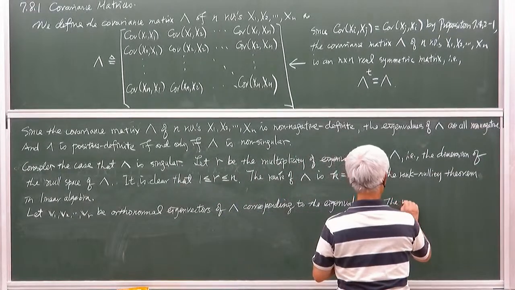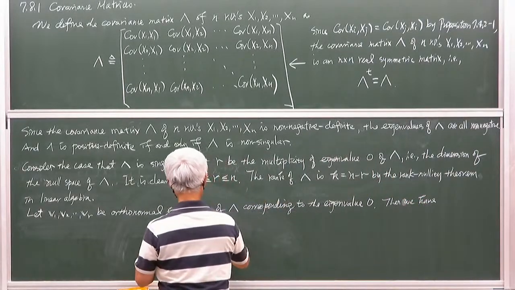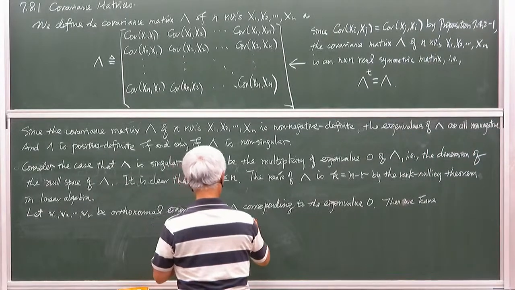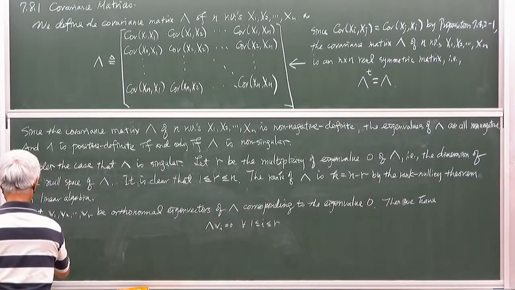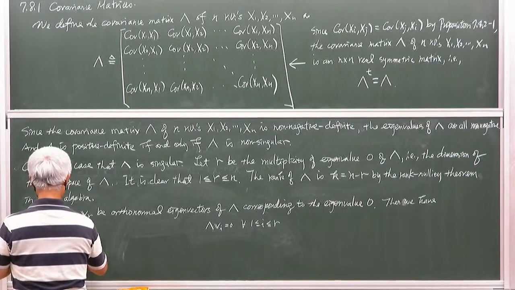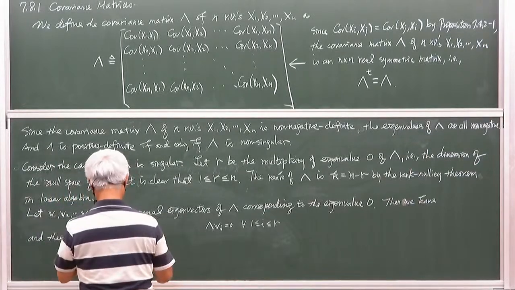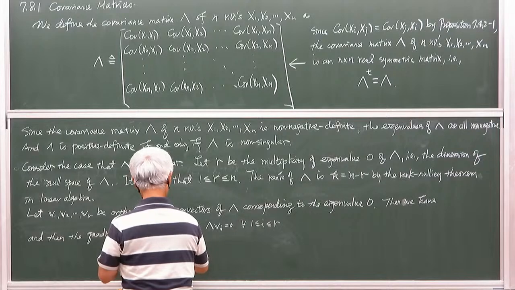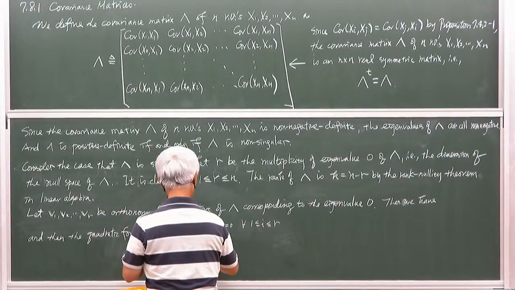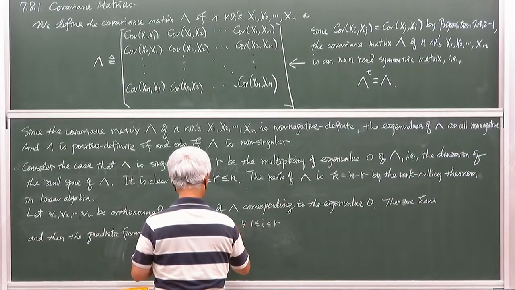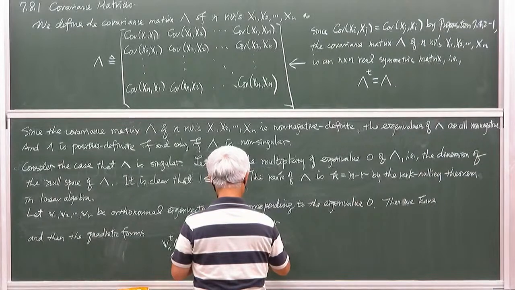So then we have lambda vi equal to 0 for all i from 1 to r. And then the quadratic form vi transpose lambda vi is vi transpose times 0, which is 0 for all i from 1 to r.